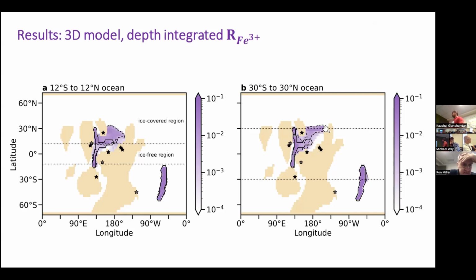Now, I've been using the adjective widespread again and again. What do I mean by that? Let's focus on this part of the ocean. This is the furthest from the hydrothermal vent where you have an iron precipitation rate high enough to deposit BIFs.